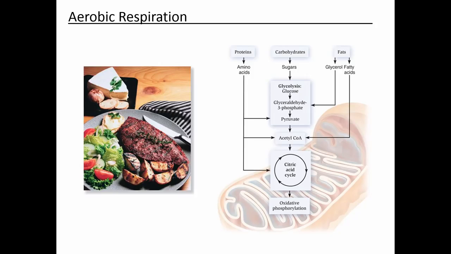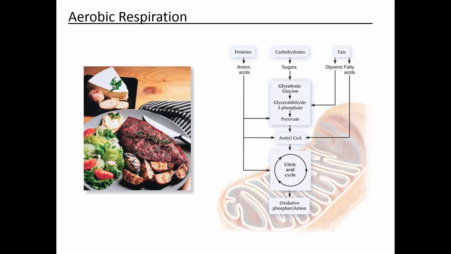And then oxidative phosphorylation occurs at the inner membrane of the mitochondria. Okay, so with the exception of glycolysis, the last 3 stages of aerobic respiration all occur in the mitochondria. So again, pyruvate oxidation and the Krebs cycle are going to happen in the matrix of the mitochondria, and then oxidative phosphorylation happens at the inner membrane.